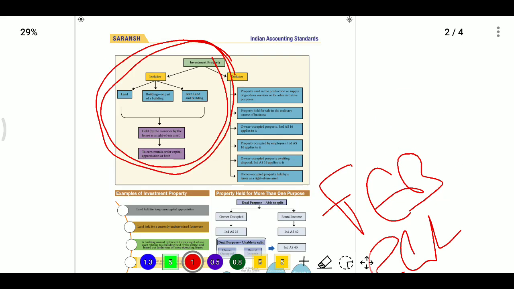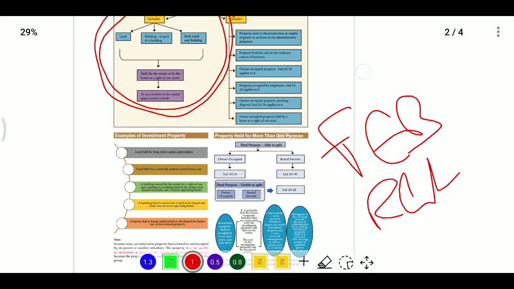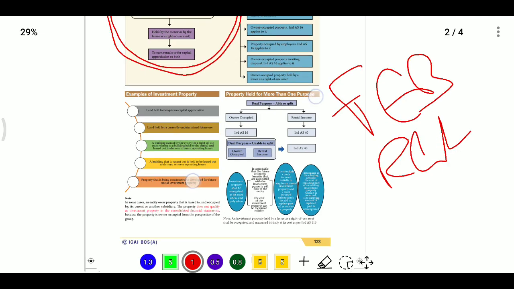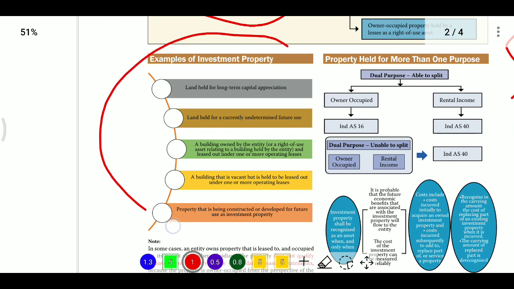Now, examples for investment property. Firstly, land held for long term capital appreciation, or land held with currently undetermined future use, so we cannot determine what to do with that asset, then for the purpose of capital appreciation it will become investment property.